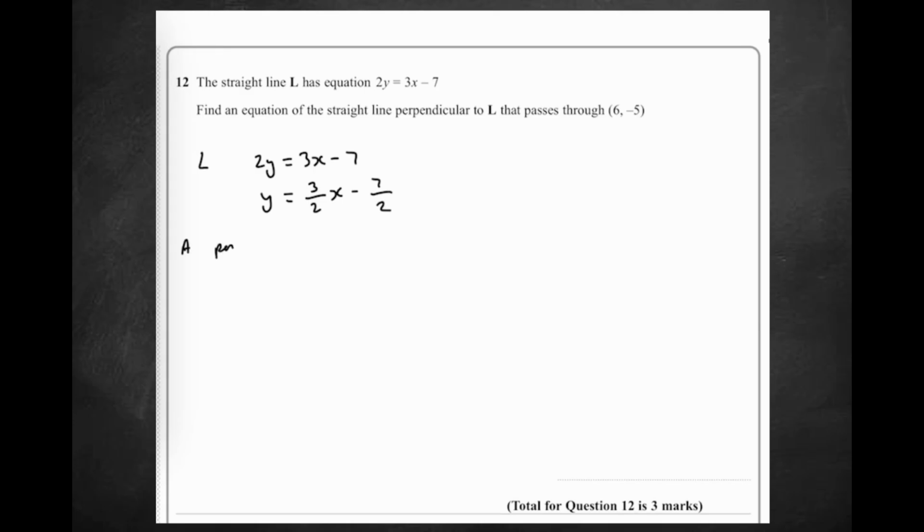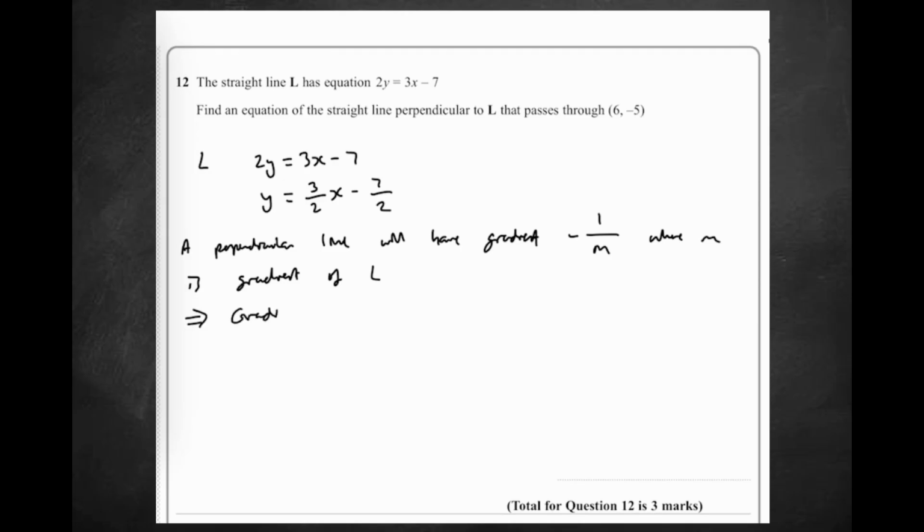A perpendicular line will have gradient minus 1 over m, where m is the gradient of L. So the gradient of, we'll just call it L dash, is going to be minus 1 over 3 over 2, which is the same as saying minus 2 over 3.